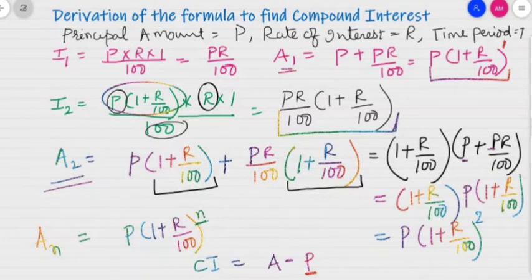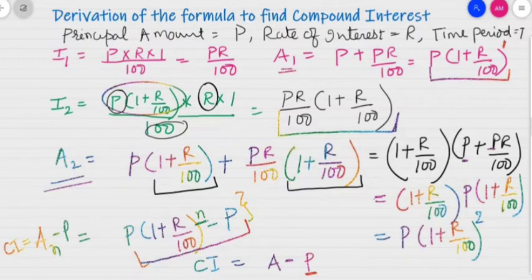Suppose, if you want to find out compound interest after n years, you can say that compound interest will be equal to amount minus principal. So P into 1 plus R by 100 power n minus P. So this will give you the compound interest after n years.